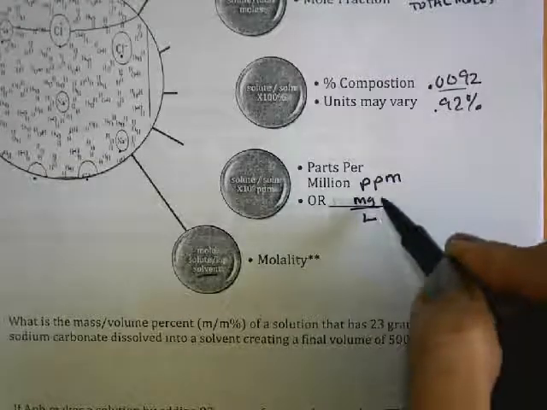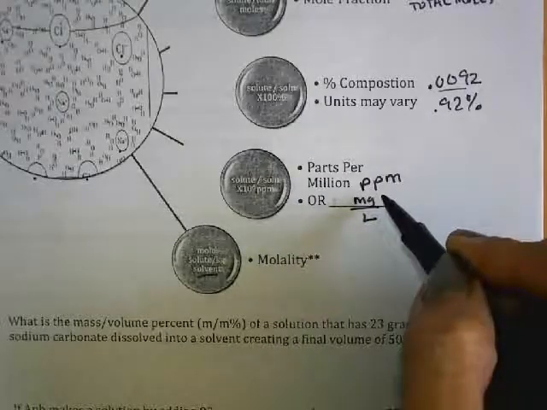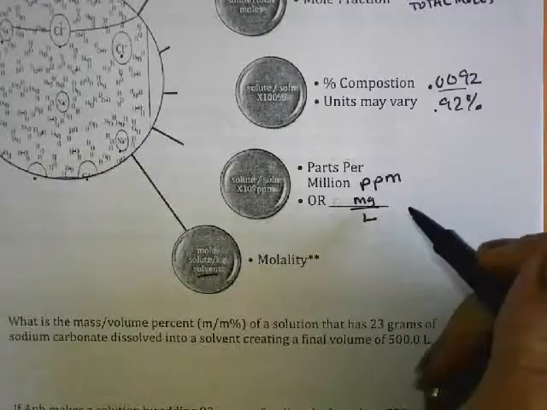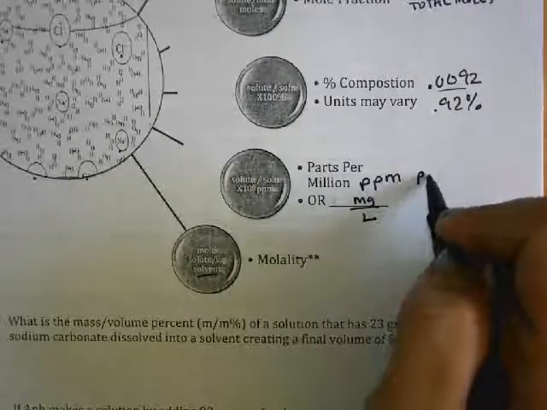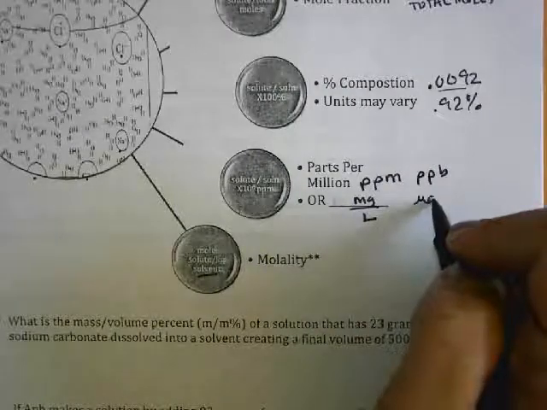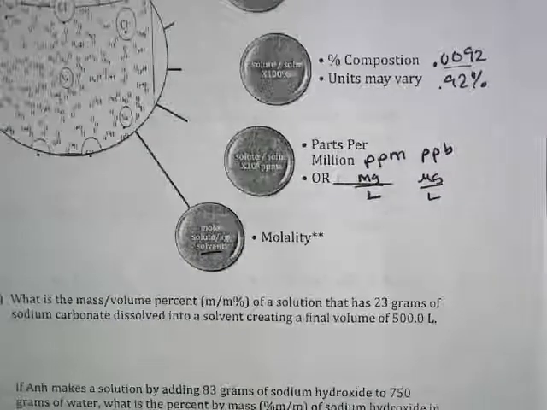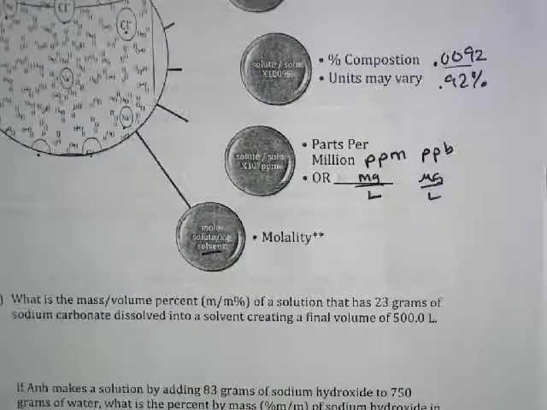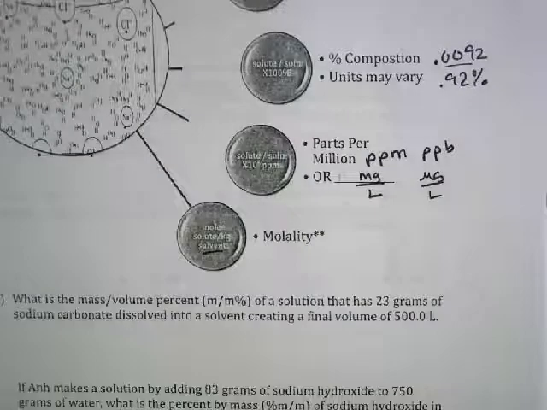Since these units aren't equal, these are taking care of the 6 places of a decimal point. And we can move on to parts per billion. It's the exact same thing, so I won't go into that much. We just go ppb, and then it would be something to the effect of a microgram per liter of water. And then molality, we have moles of solute per kilograms of solvent, and this is most often used in colligative properties, which we'll get to later.